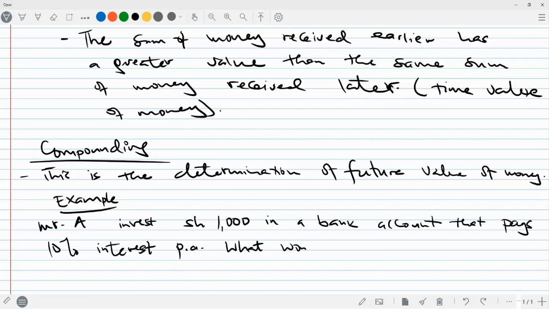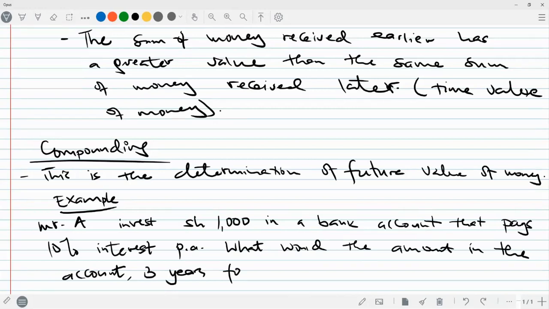What would be the amount in the account at the end of 3 years from now, 3 years from today?